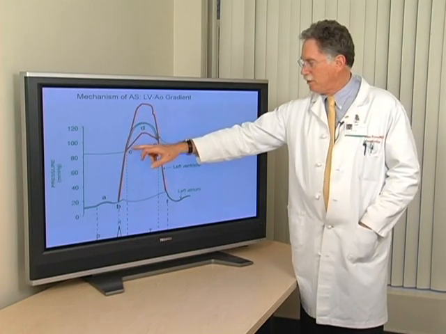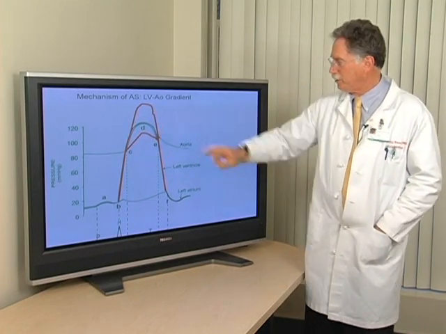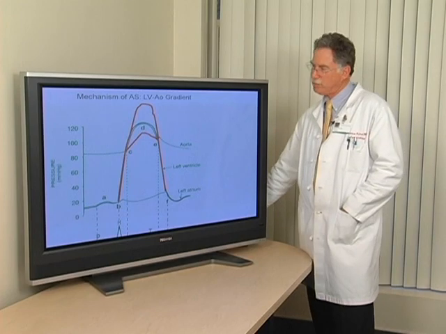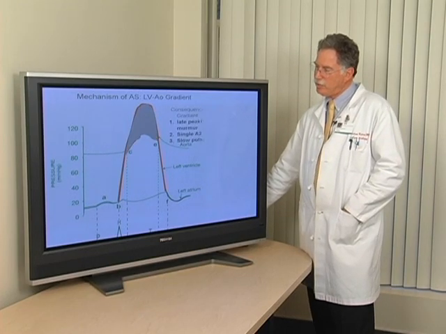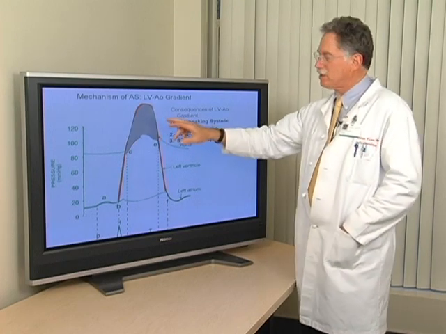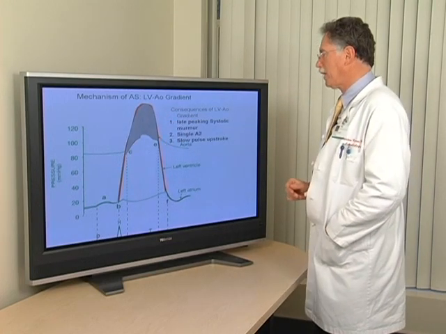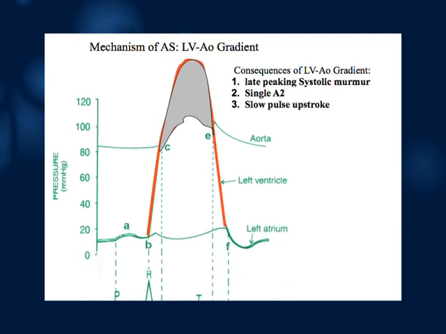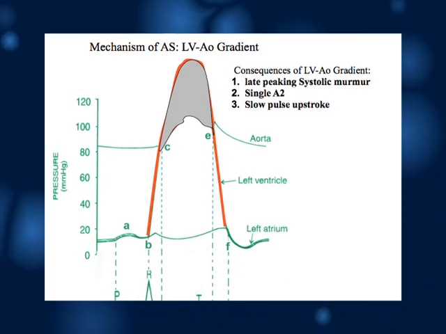The difference between the aortic pressure and the left ventricular pressure is the left ventricular pressure gradient. And with that gradient, we can explain both the valve area and some of the physical findings associated with aortic stenosis. Based on this physiology, we know there will be a late peaking systolic murmur. A single S2 is common with severe valves because the leaflets don't coapt. And we see a slow pulse upstroke in the carotids. And it's explained on the basis of these hemodynamics.